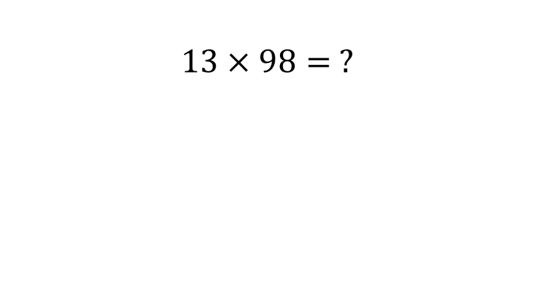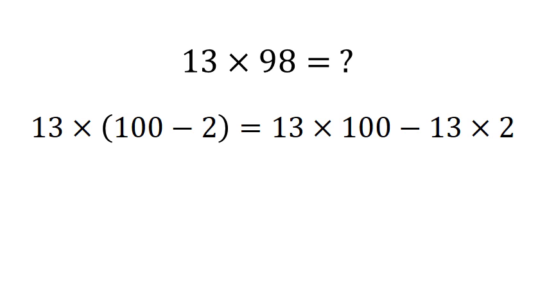Now, let's apply this property for some hard multiplications, some hard products like 13 times 98. Instead of saying 13 times 98, what's 98? It's 100 minus 2. So I will write 13 multiplied by (100 minus 2). Now let's distribute the multiplication on the subtraction.